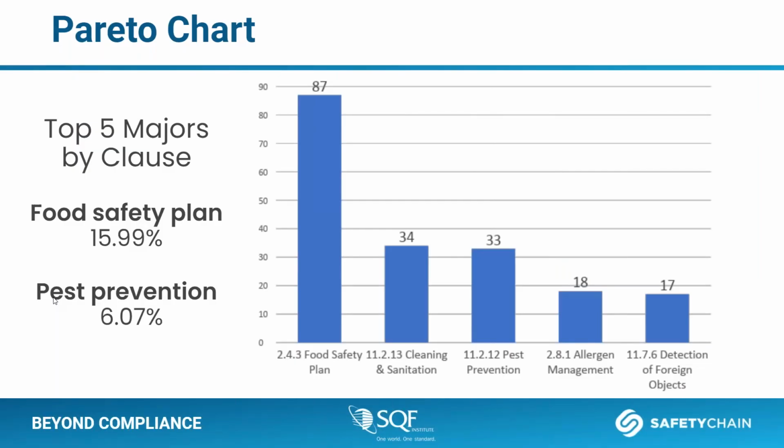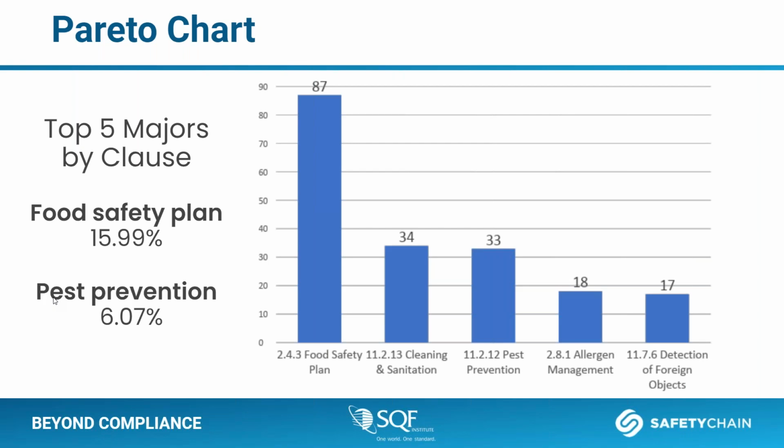So if I back it up, I'm not down at the element level, but I back up to clauses and I look at my top 5 majors by clause. And I know you're saying, Tammie, you're only looking at the top 5 when before you were looking at the top 10. But I will tell you that the top 10 on the previous chart was representative of about 23% of my data.